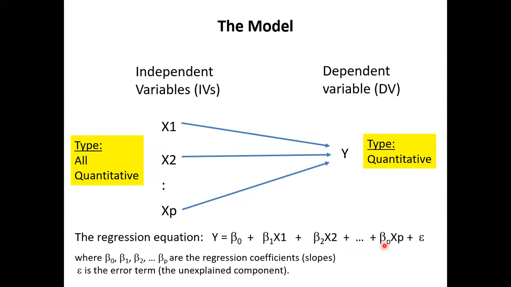So basically you want to know whether y depends on x1, whether y depends on x2, and so on. The b1 is the slope for y versus x1, b2 is the slope for y and x2. So b1 to bp are the regression coefficients.